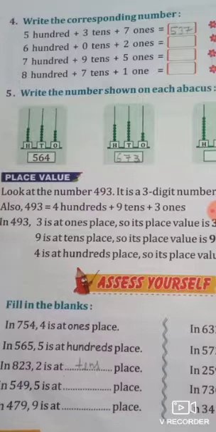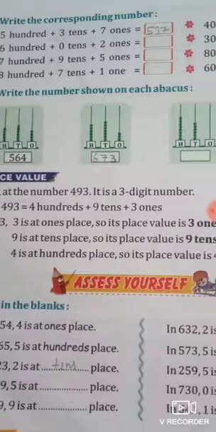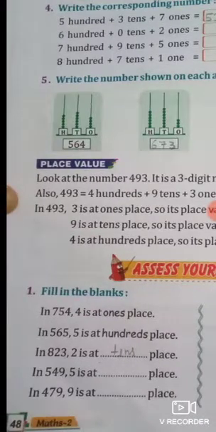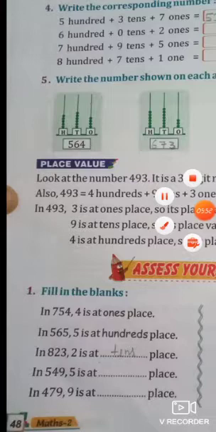And question number 5, write the numbers shown on each abacus. When we solve the first question, we will see that the 1's rod has 4 beads, so we will write 4.